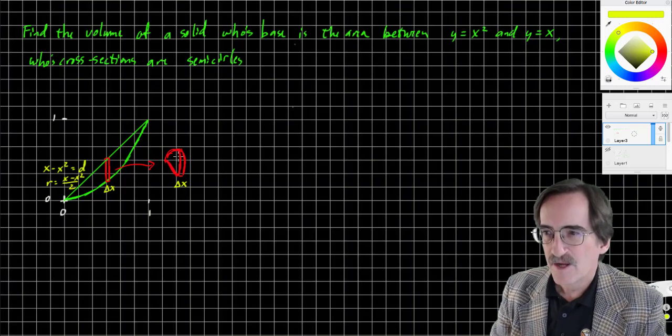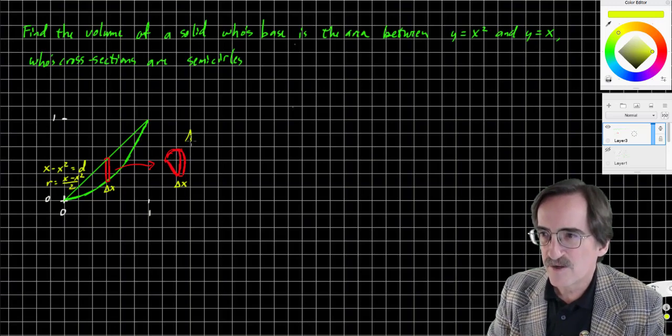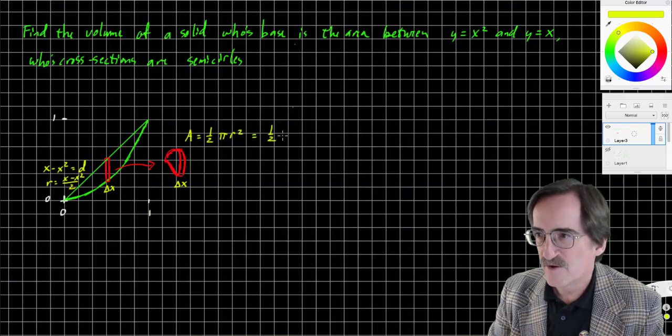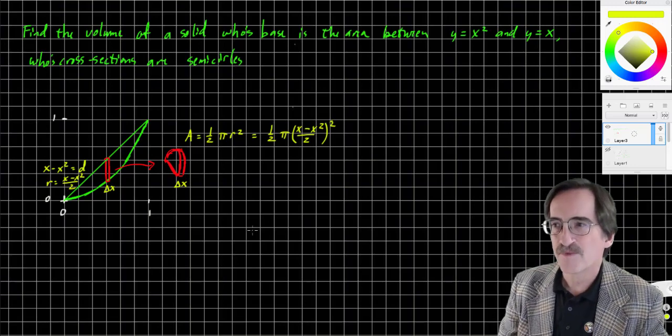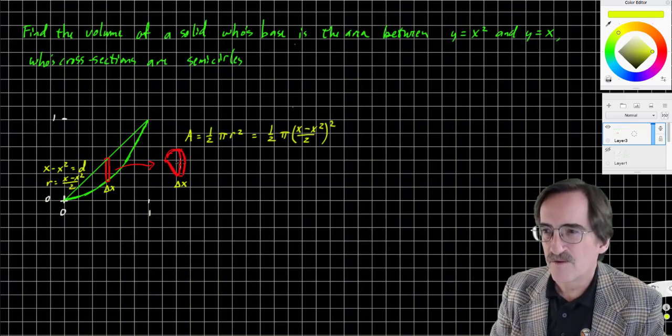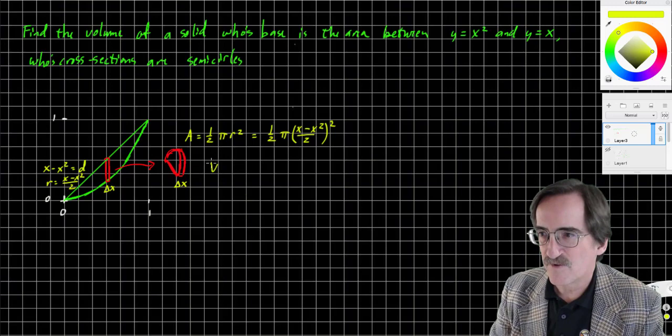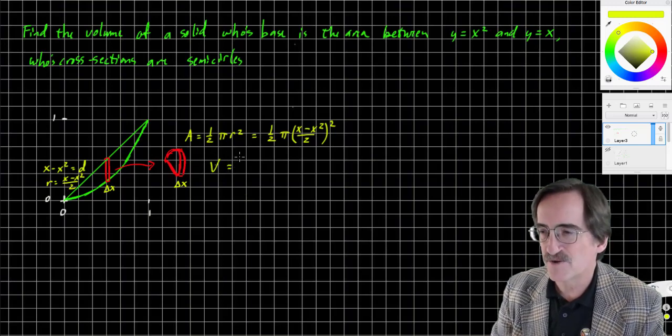And the area of a semicircle is 1/2 pi r squared, in this case 1/2 pi times (x minus x squared divided by 2) squared. Now the volume of this slice is going to be the area times delta x.